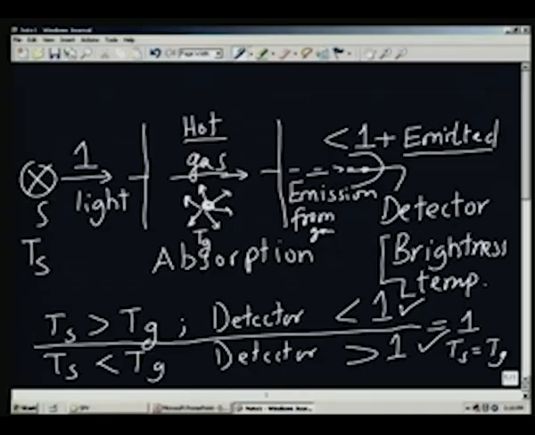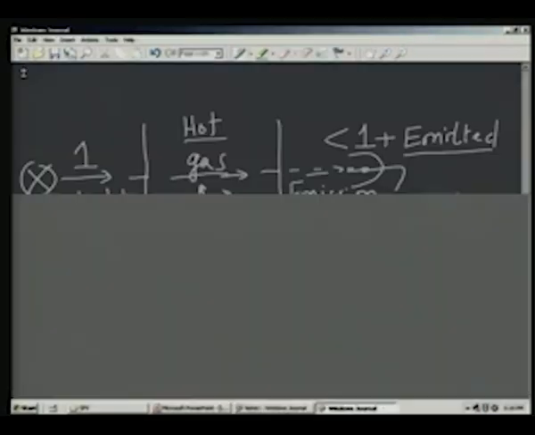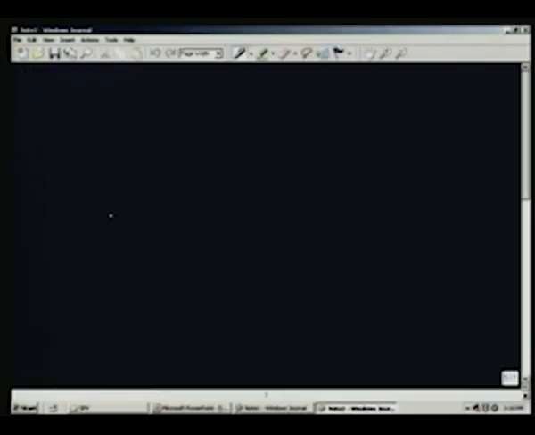So, if you were to look at the signal, let me show it on the next page. Suppose I take, you remember, we have the source, we have the source plus gas.